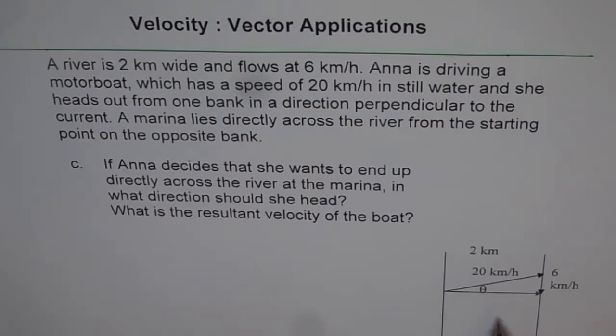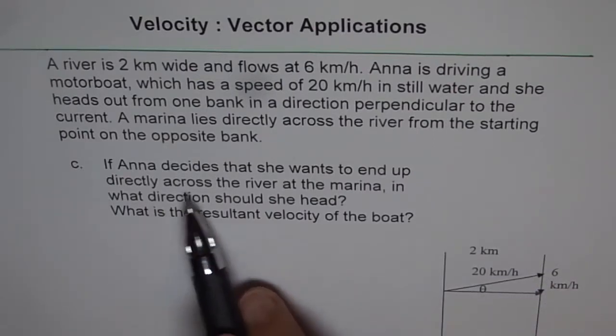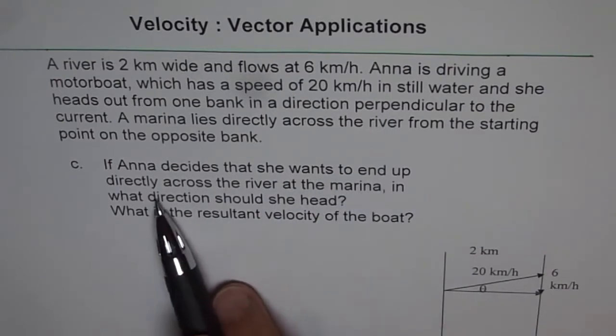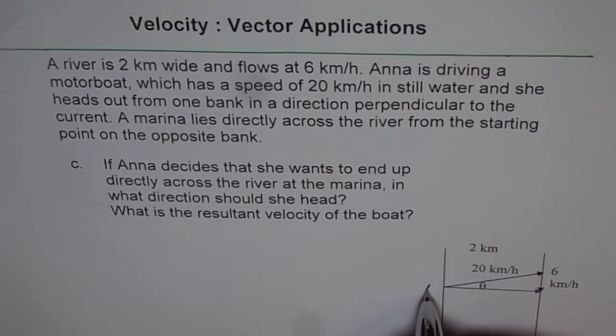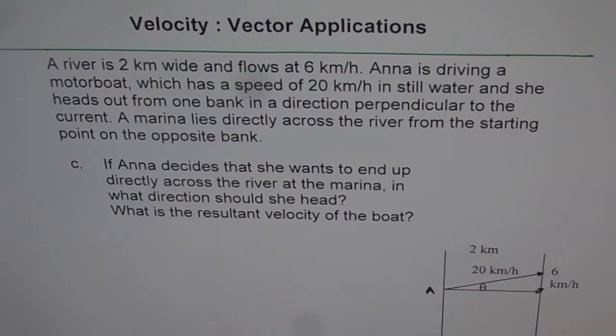And during this time, the speed of the water current is 6 kilometers an hour. And Anna decides that she wants to end up directly across the river. That means she wants to start from here and end up right across. So let's say Anna wants to start from here and end up here at B, right?